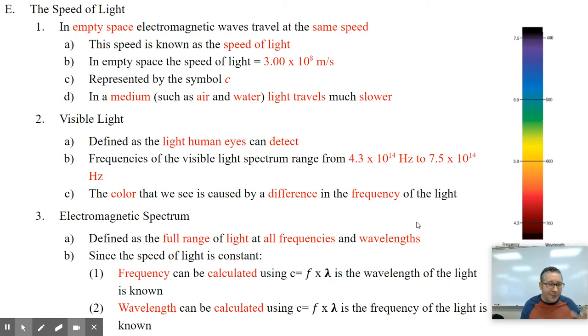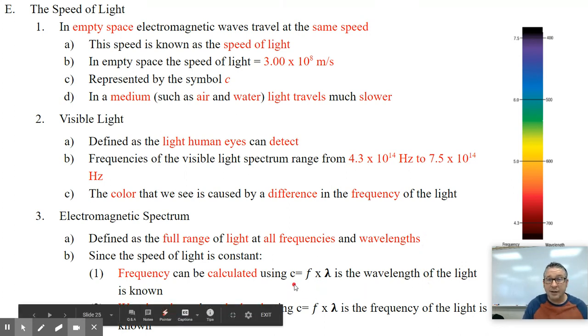I'm getting excited here. So, when we talk about the electromagnetic spectrum, it's the full range of light at all frequencies and wavelengths. Since the speed of light is constant, frequency can be calculated using this equation, where c, the letter c, represented as the speed of light, as we saw up here, is equal to the frequency times lambda, if the wavelength is known.